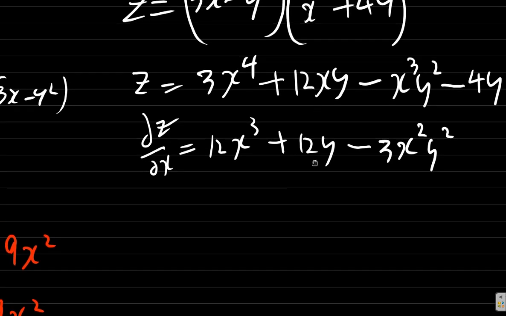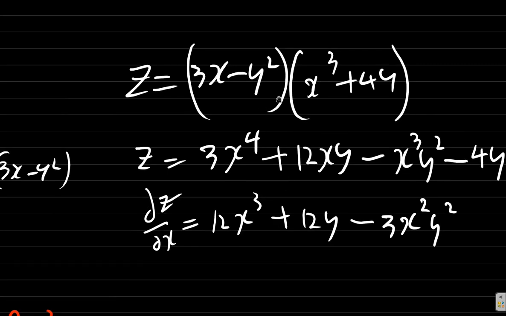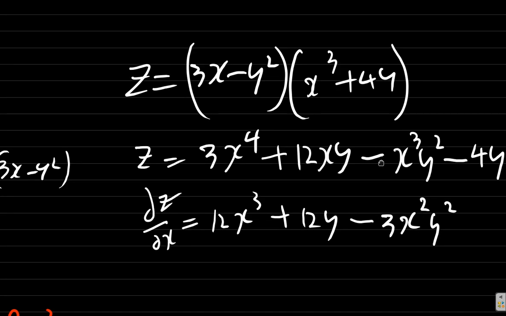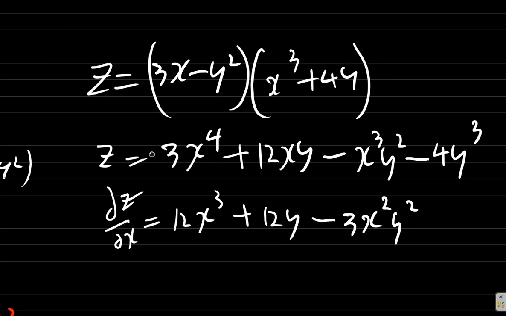Now, 3x times x cubed is 3x to the 4th, plus 3 fours 12xy minus x cubed y squared minus 4y cubed.